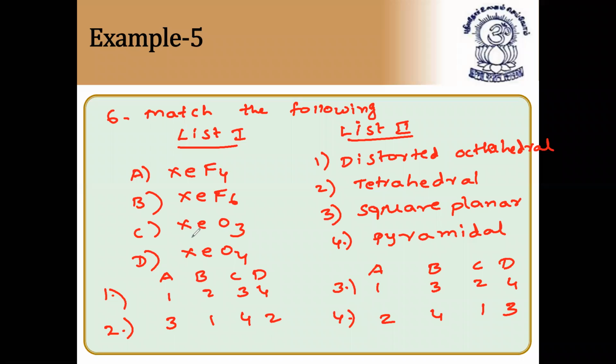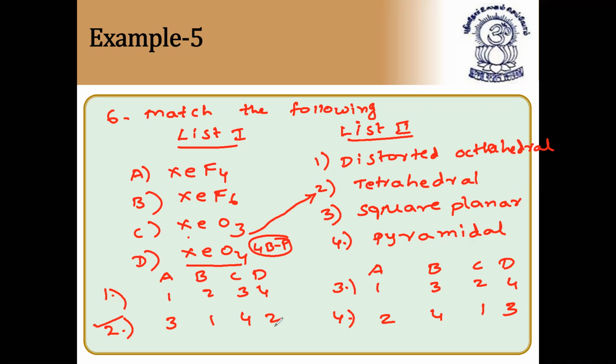Let us see. Xenon tetroxide has 0 lone pairs and all bond pairs. 4 bond pairs means sp3 hybridization, and with no lone pairs this should be tetrahedral. So D is 2, which means the answer is the second option.